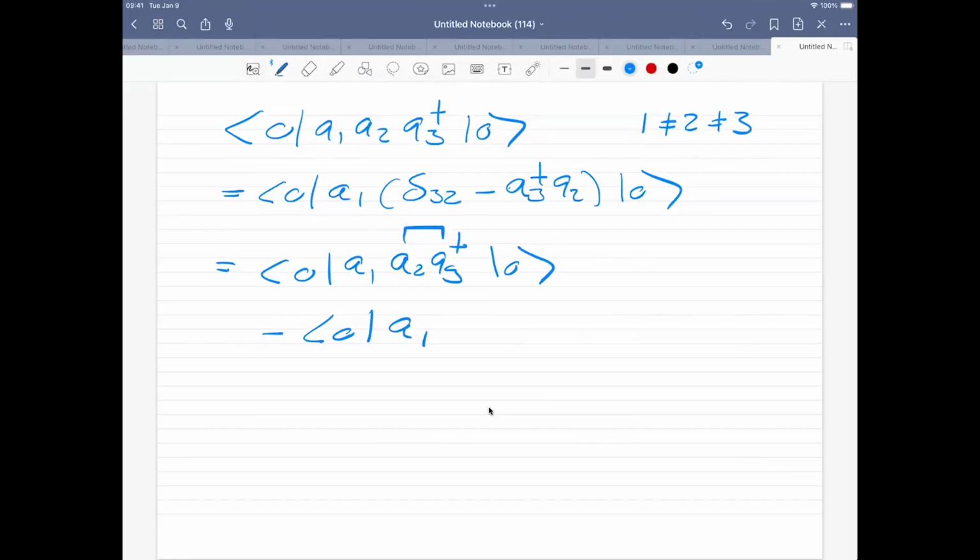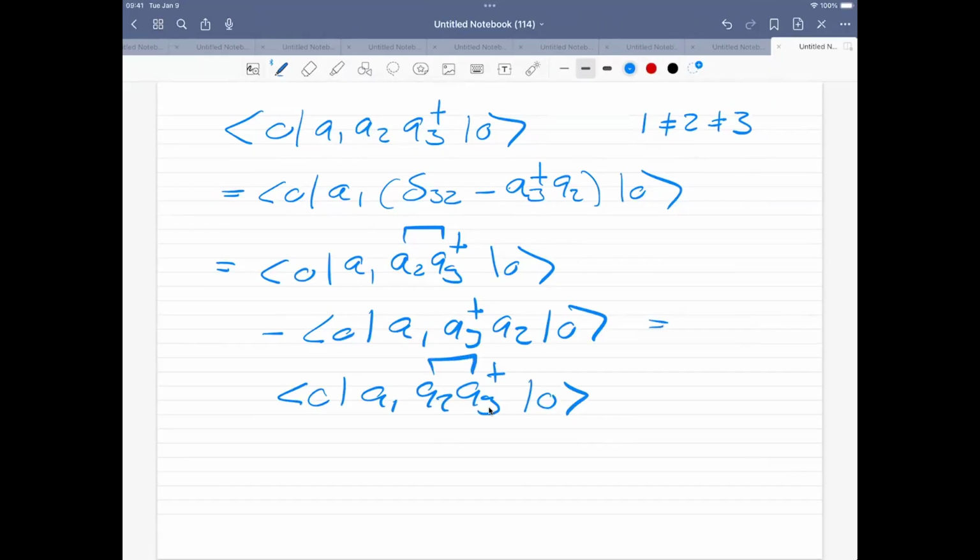So then what we would have is an A1, and then we have the A3 term, A2 acting on |0>. And now we can perform a new contraction here. So we get <0|A1 A2 A3† acting on |0>, and then we have this contraction, and then we have a minus.